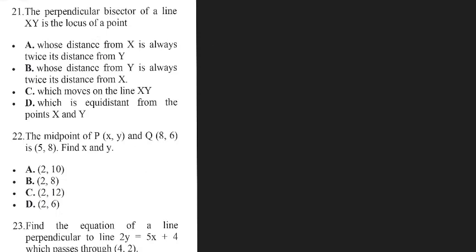Alright, question 21. The question says the perpendicular bisector of a line xy is the locus of a point A, whose distance from x is always twice its distance from y; B, whose distance from y is always twice its distance from x; C, which moves on the line xy; D, which is equidistant from point x and y.